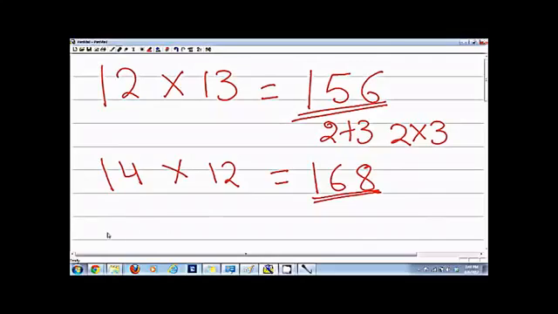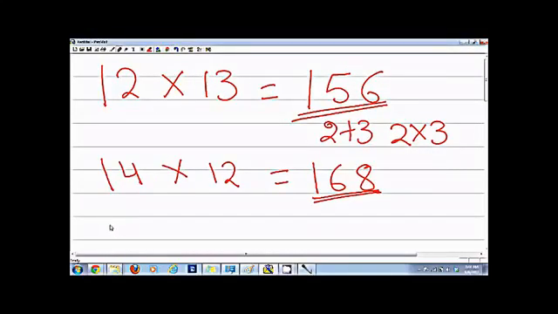Now there is one problem: if we multiply the digits and the result is not a single digit but a two digit number, then we would have to look at the trick.